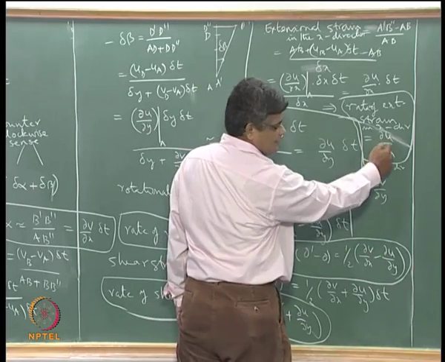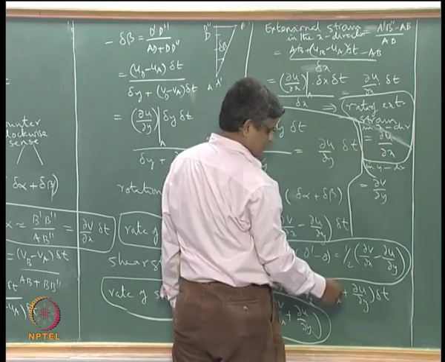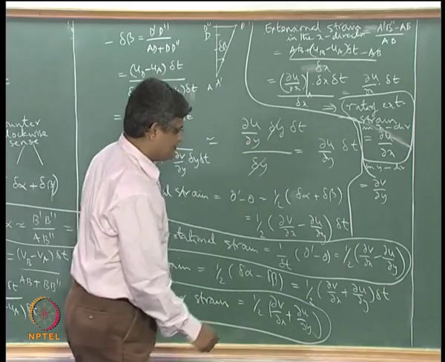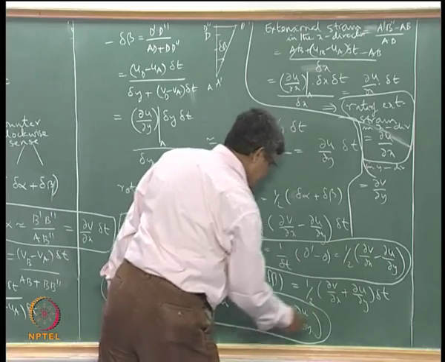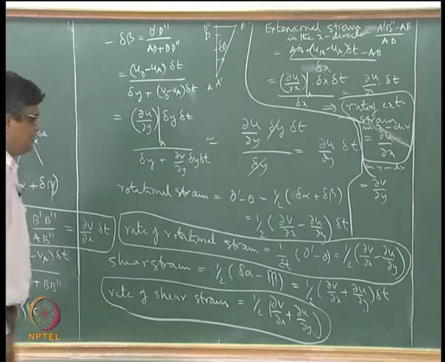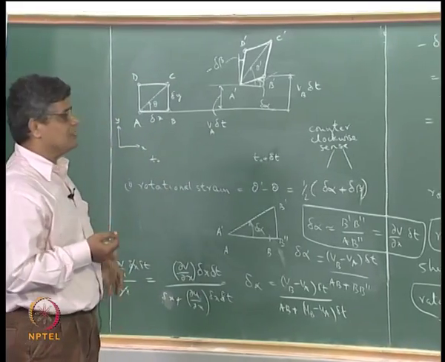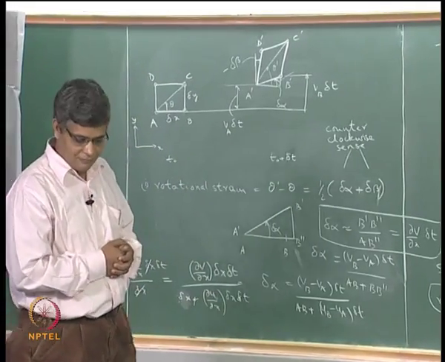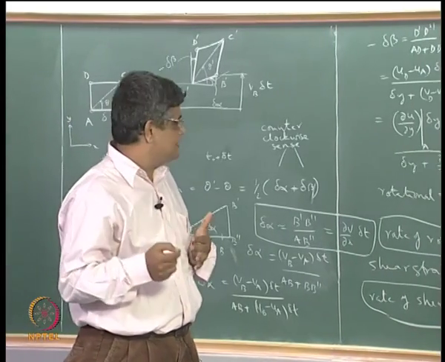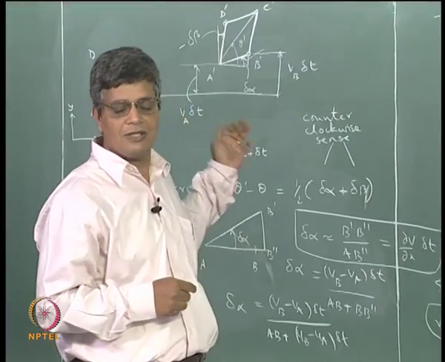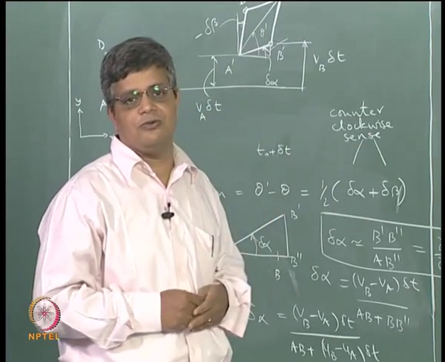Okay, these are in the same direction like the normal strains, and these are shear strains, these are shear gradients, and this is minus here and plus here. So in that sense the various combinations of velocity gradients describe the rates of strain that a fluid particle will be suffering as it is going through the flow.